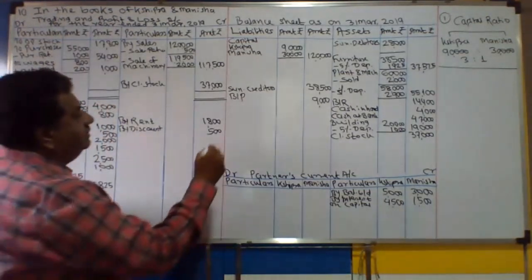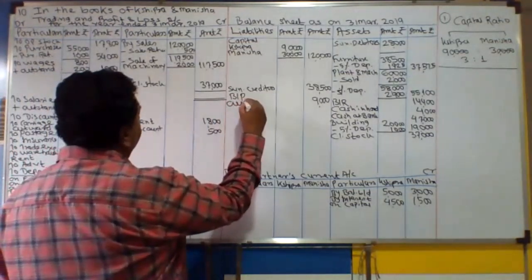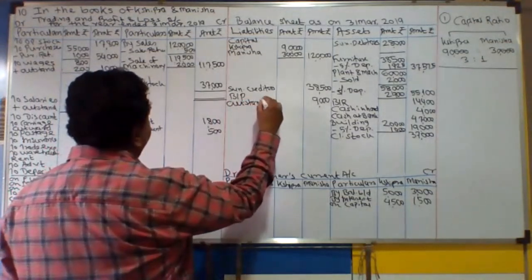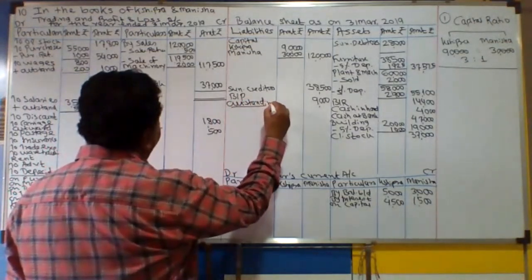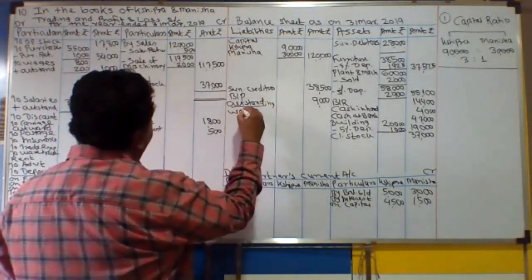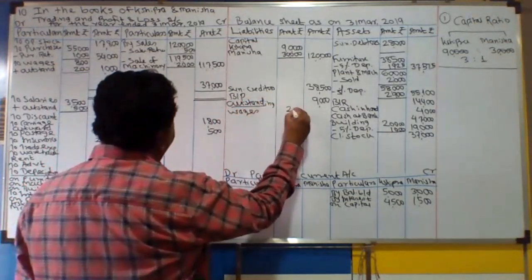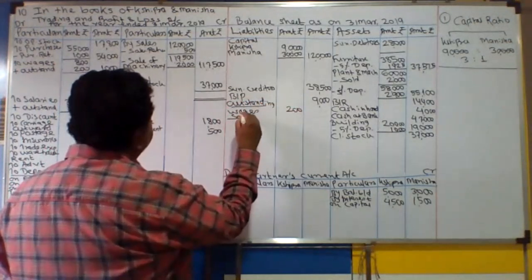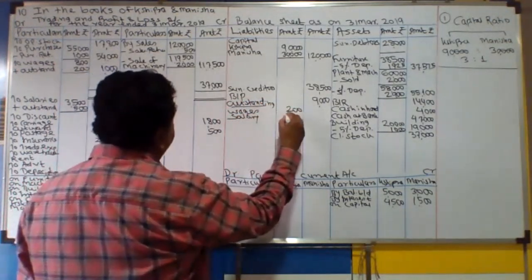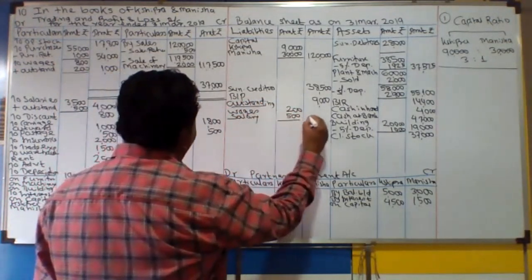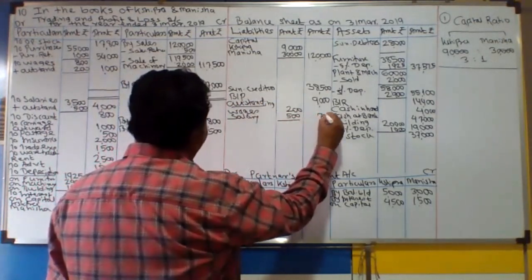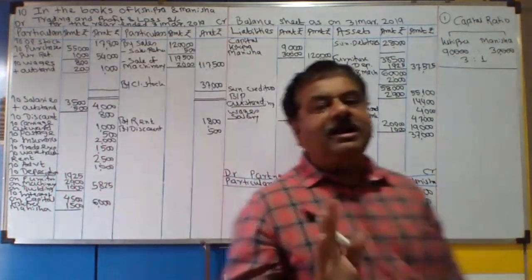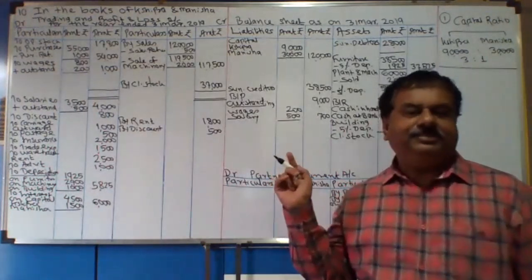And balance sheet liabilities side, outstanding wages 200, salaries 500. So अगर एक से ज्यादा आइटम है तो आपको इनर कॉलम में टोटल करके बाहर लिखना चाहिए, like this.